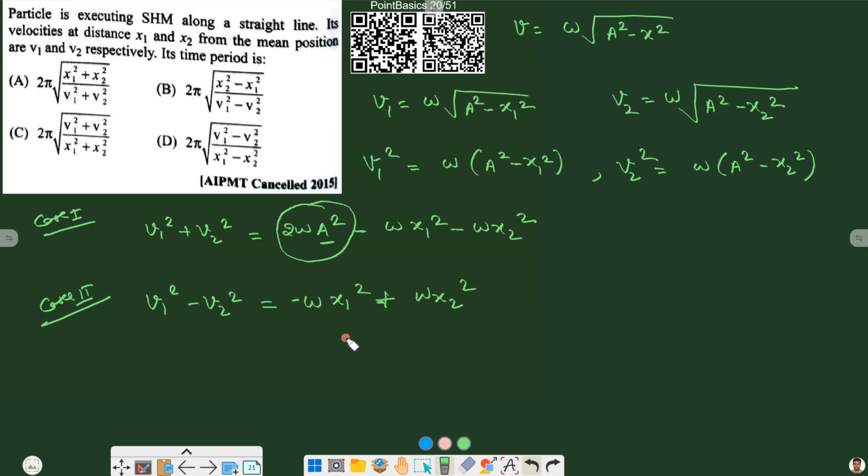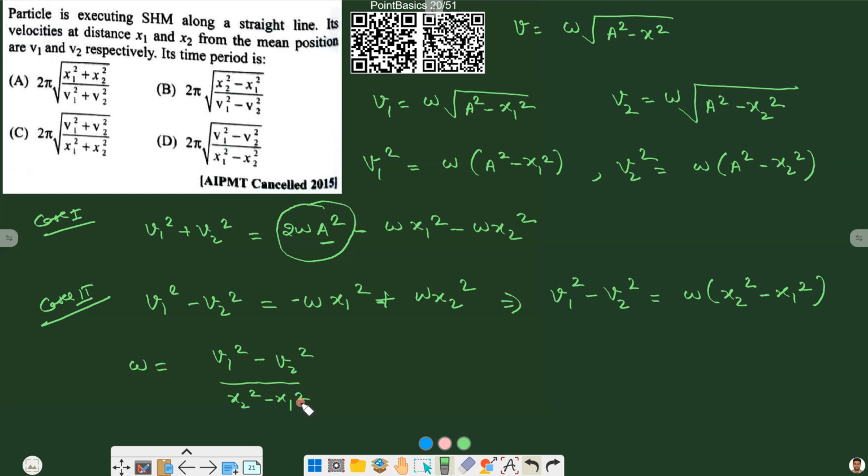So v1 square minus v2 square is equal to omega square times x2 square minus x1 square, and omega square is equal to v1 square minus v2 square divided by x2 square minus x1 square.